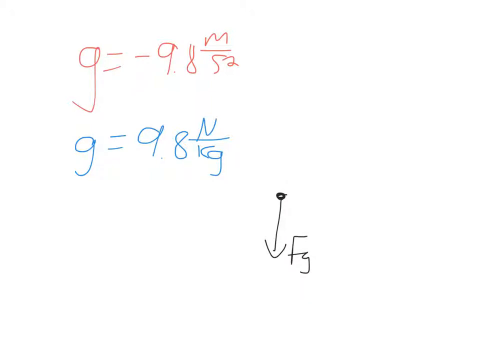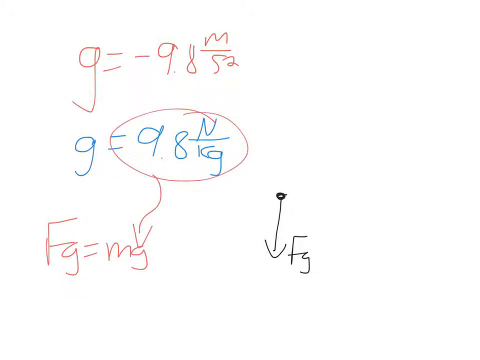And when we get to quantitative force diagrams, you'll see how this works out to be negative. So when using the equation Fg equals mg, we're using the positive 9.8 newtons per kilogram for g. And it will work out to be negative when we start doing force diagrams with numbers.